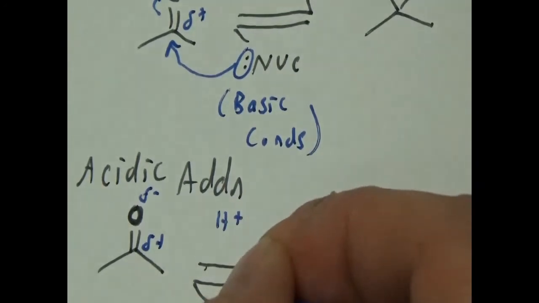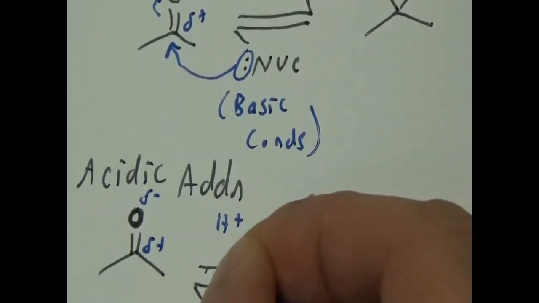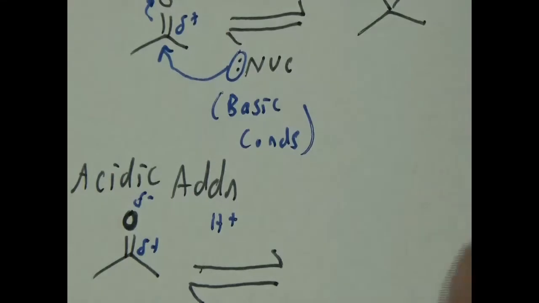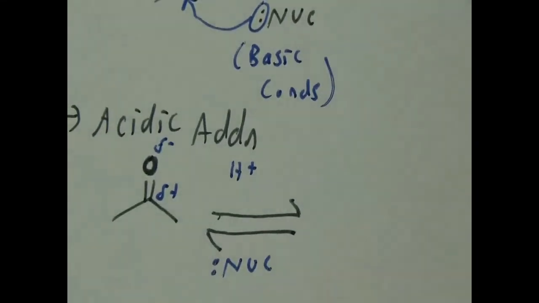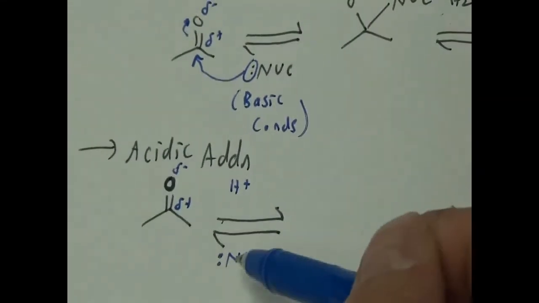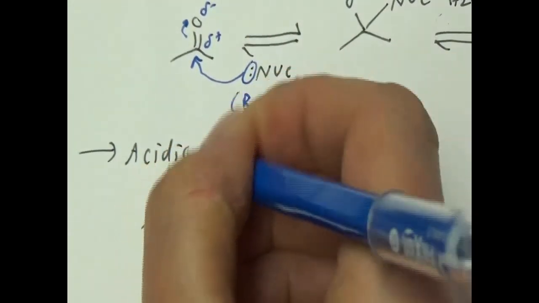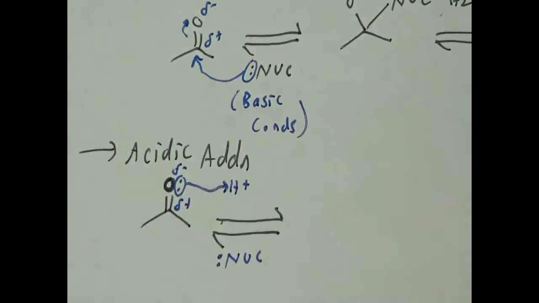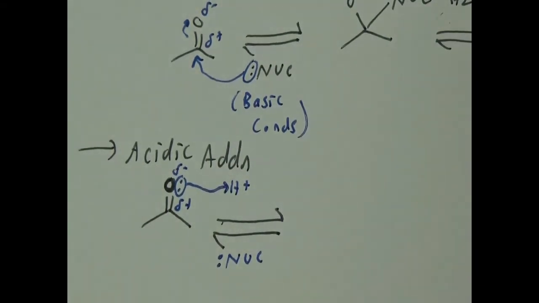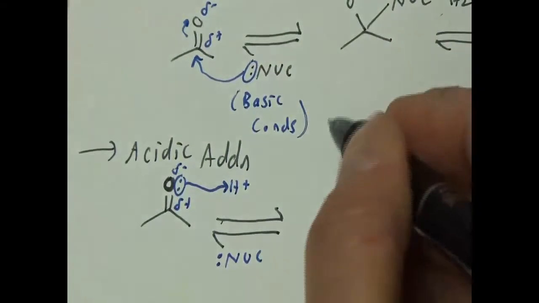And a nucleophile. Okay? And it's going to be different. It's not like the nucleophile is just going to attack. The first step is actually the oxygen grabs the proton. Okay? And what does that give you?